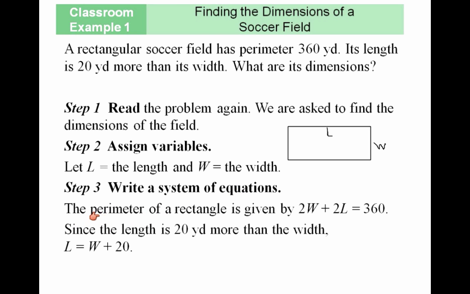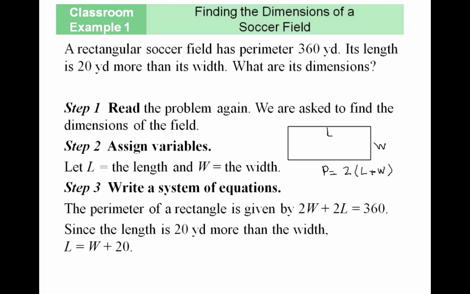Well, you know the formula for the perimeter is 2W plus 2L. So we should know the formula here. So P is equal to adding all the sides up: L plus W plus L plus W, or you can write it as 2 times (L plus W).